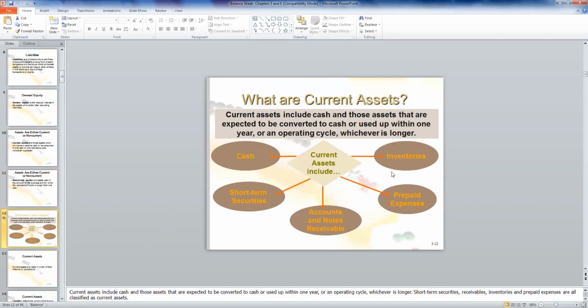And as we look at your company's income statements, you'll see that most of them have these items on their balance sheet, and you should basically understand what you're looking at when you see these line items. And that's the goal here. Not to make you an expert in any one of these areas, because there are people who do become experts in managing cash, managing inventories, and the like.